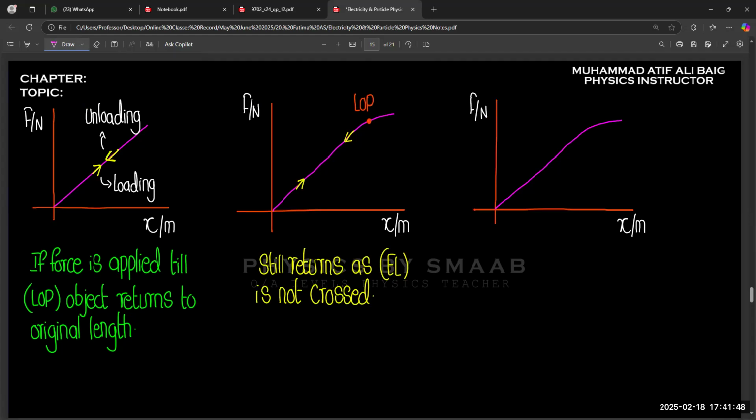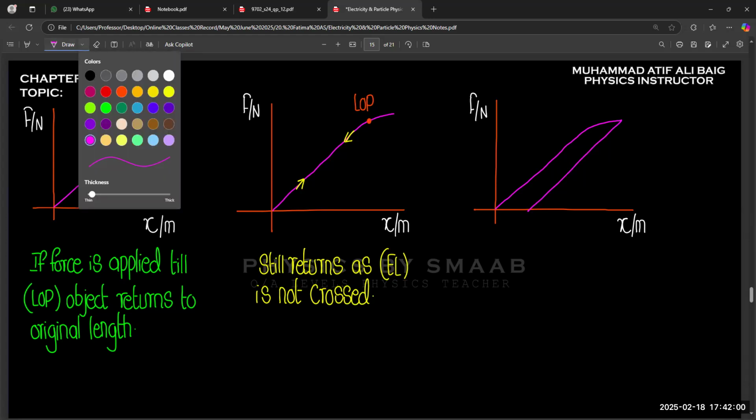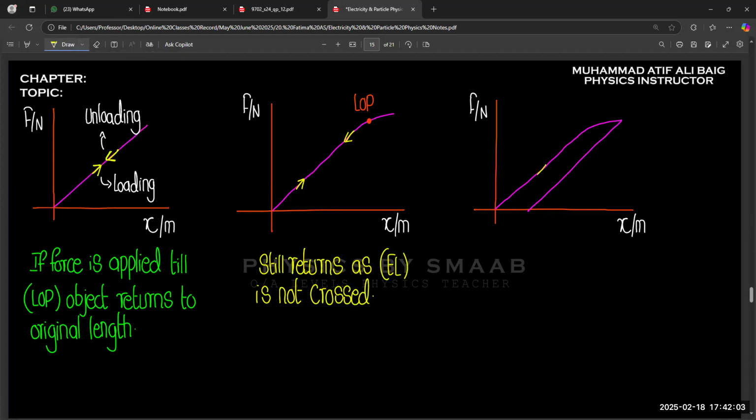So in this graphical representation, we will get one more line like this. And this line shows when you start loading up the spring. So we follow this path. But after unloading, it will not reach its original value, because originally we started from 0. But after unloading, we observe that our value is greater than the original value. It means we crossed the elastic limit. And when the elastic limit is crossed, just like we discussed, permanent deformation occurs.